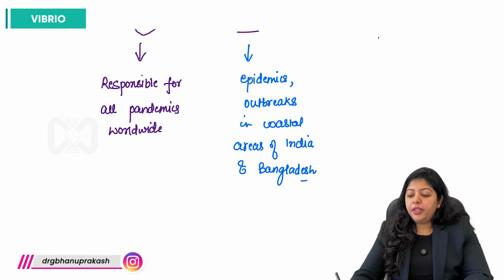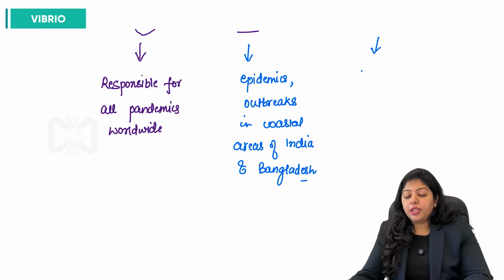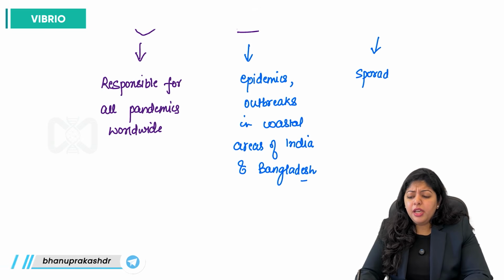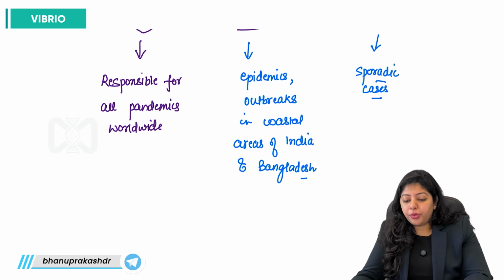And non-O1 and O139 is not of very huge significance, because it had been responsible for certain sporadic cases only. Certain sporadic outbreaks were not considered to be of much importance, right?